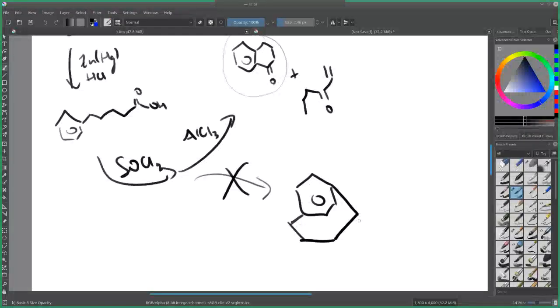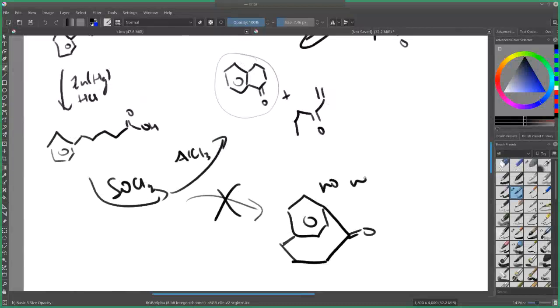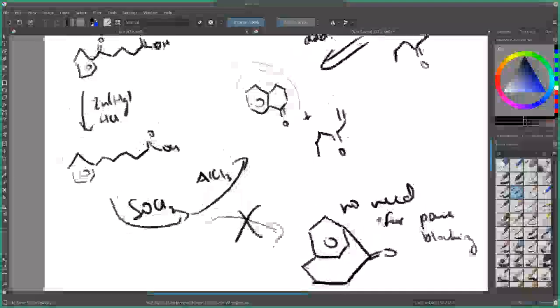This is not it. This definitely won't happen. I've certainly never seen anything that looks like it. So there's no need for para blocking. Okay, this is one way you could do it.